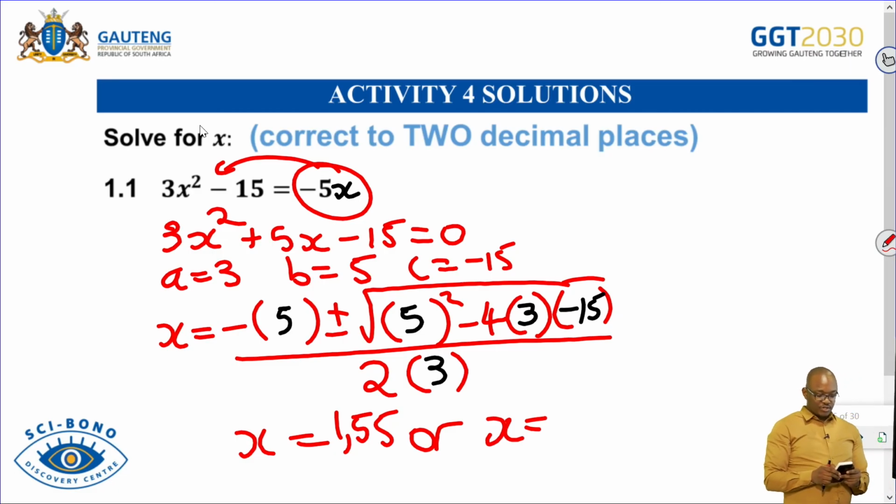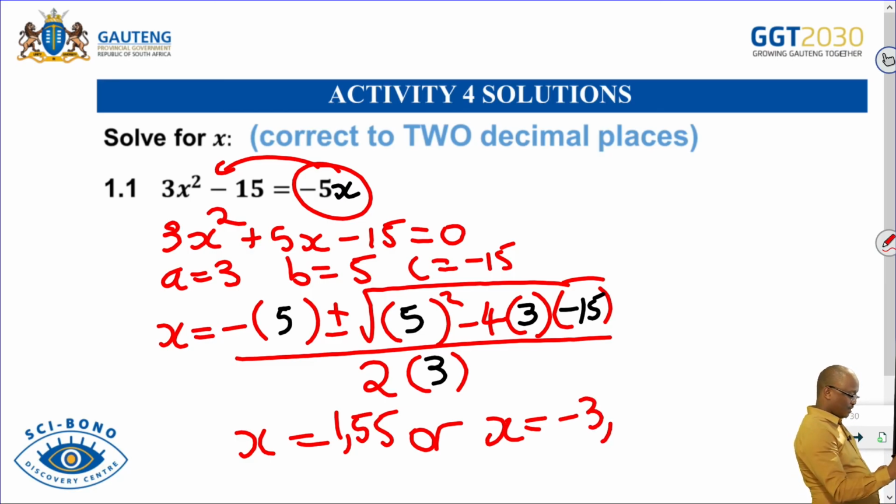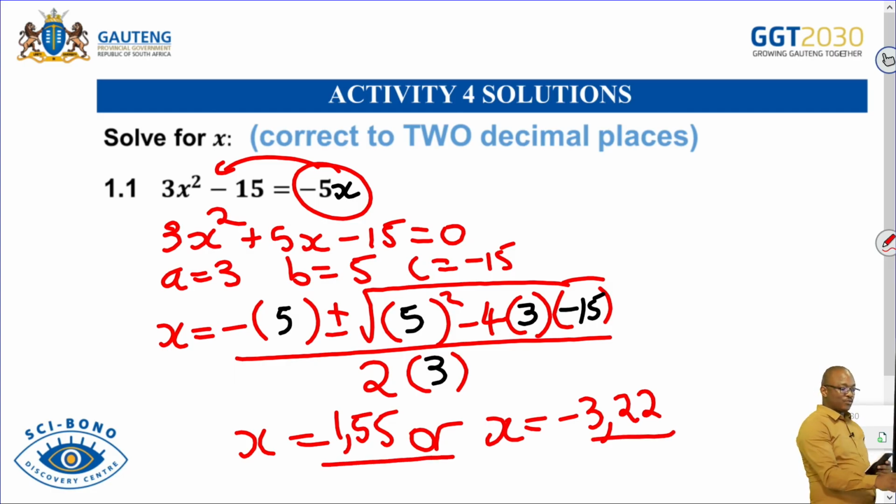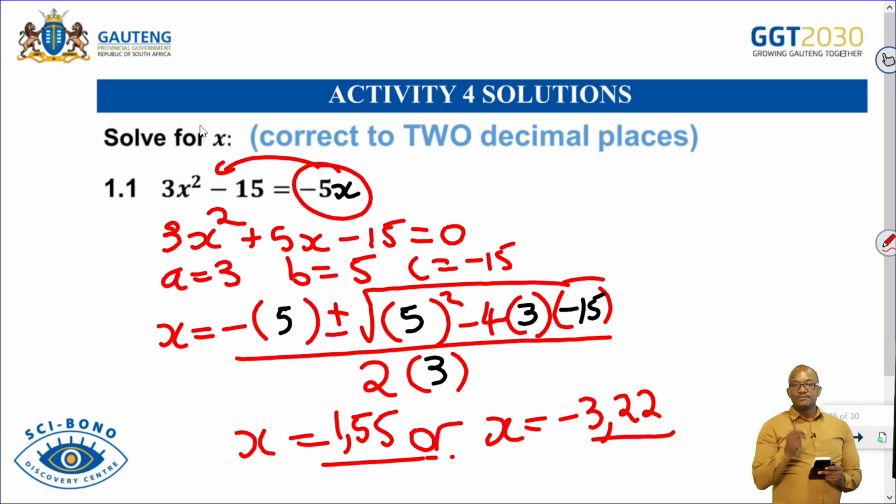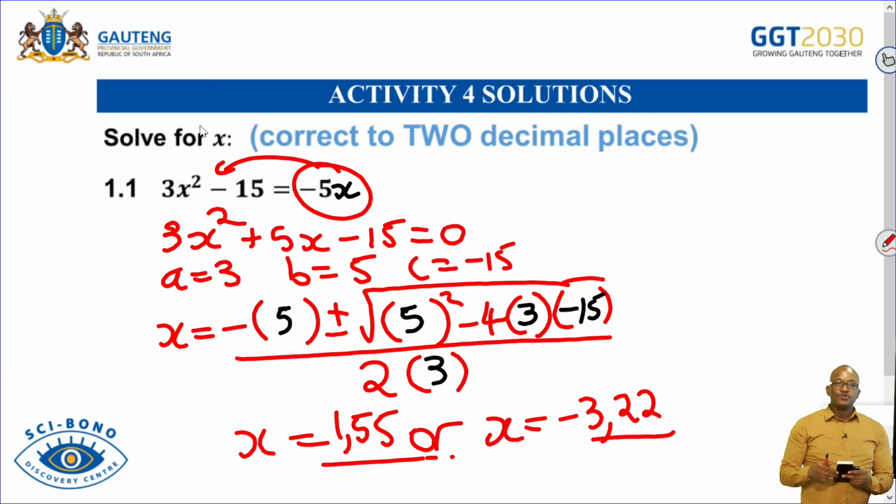Then you change your sign from positive to negative. Then the other side is going to be negative 3.22. So now you see that we have met our objectives of writing our answer in 2 decimal place altogether. So you must also know how to round off to 2 decimal place. That is another thing that we need to put in mind.